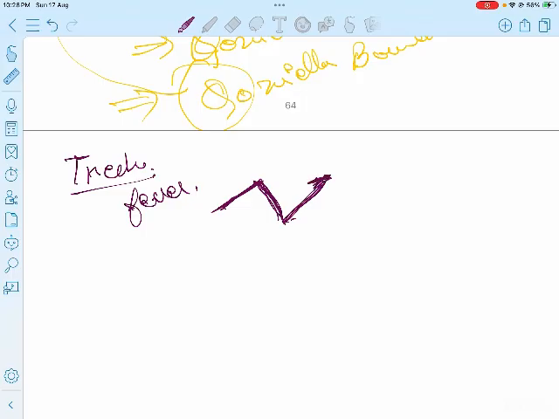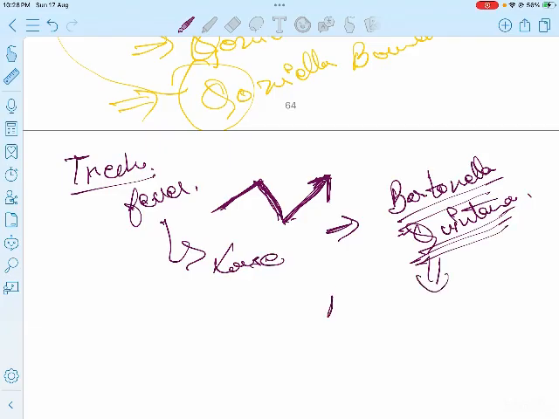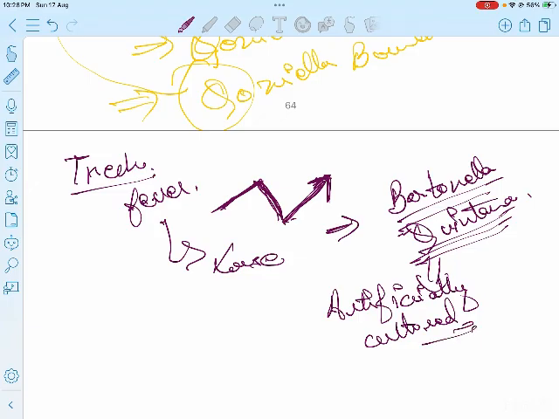So for trench fever, your vector is Louse itself, and it is caused by Bartonella quintana. Now Bartonella quintana is the only one that is cultured artificially. It is artificially cultured, that is why it is no longer included in the Rickettsial family.